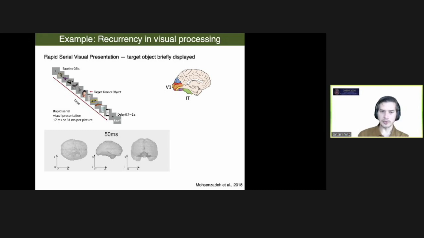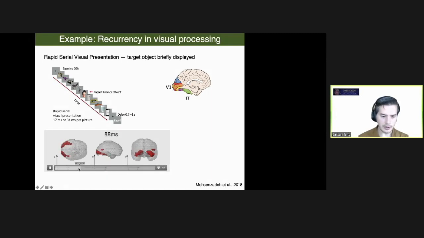So here's another example beyond just the feed-forward processing suite. What happens if you present a stimulus very, very briefly, right? So in this example from Yalda Mohsenzadeh and colleagues, I've truncated this a bit to start the visualization at about 60 milliseconds. So you can see this is similar to the previous slide, right? But the presentation was so brief, you can see the early response die off, and then it comes back, right?